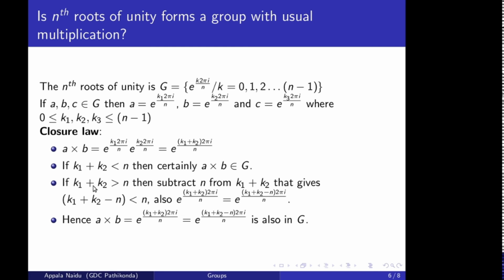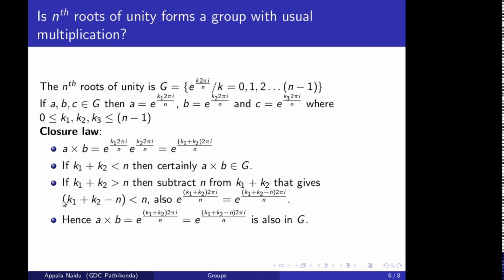Take n equal to 3, so n minus 1 will be 2, so k1 and k2 are 2, then 2 plus 2 is 4, and 4 is greater than 3. In such situations, what we have to do is simply subtract n from k1 plus k2. So that will be less than n, and it will be greater than or equal to 0.